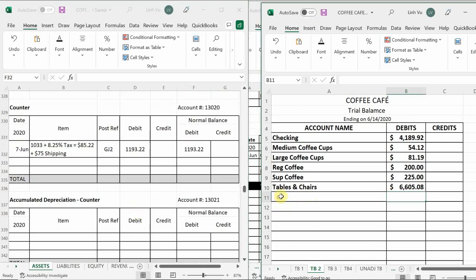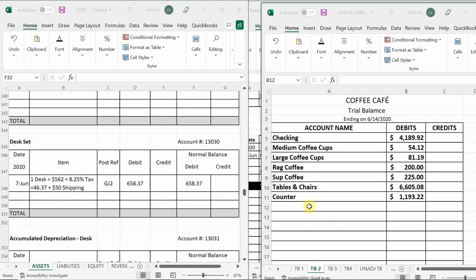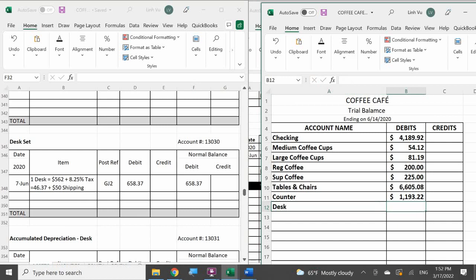What about my counter? $1193.22, right? What about my desk? $658.37, right?